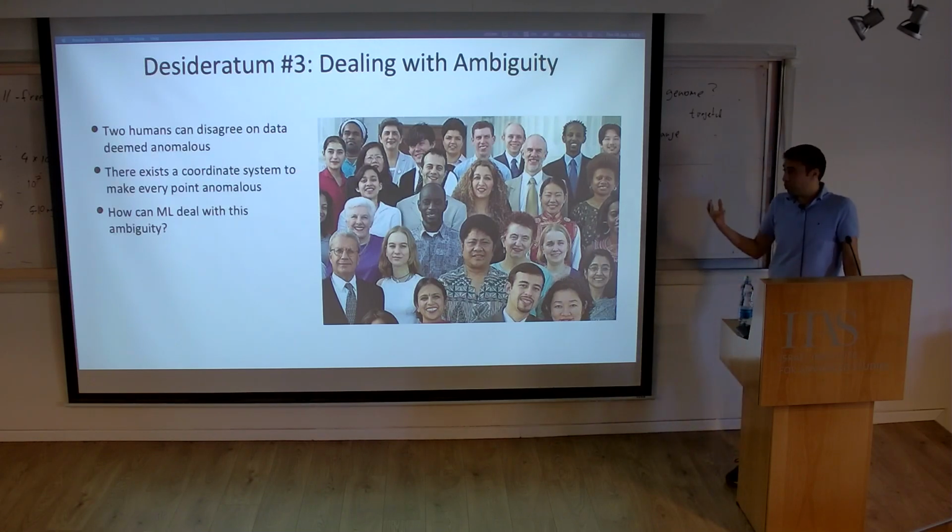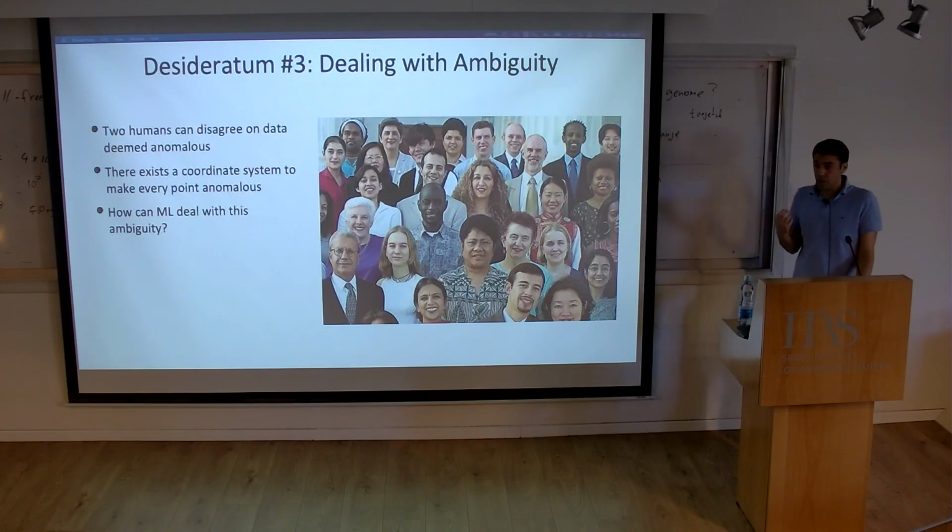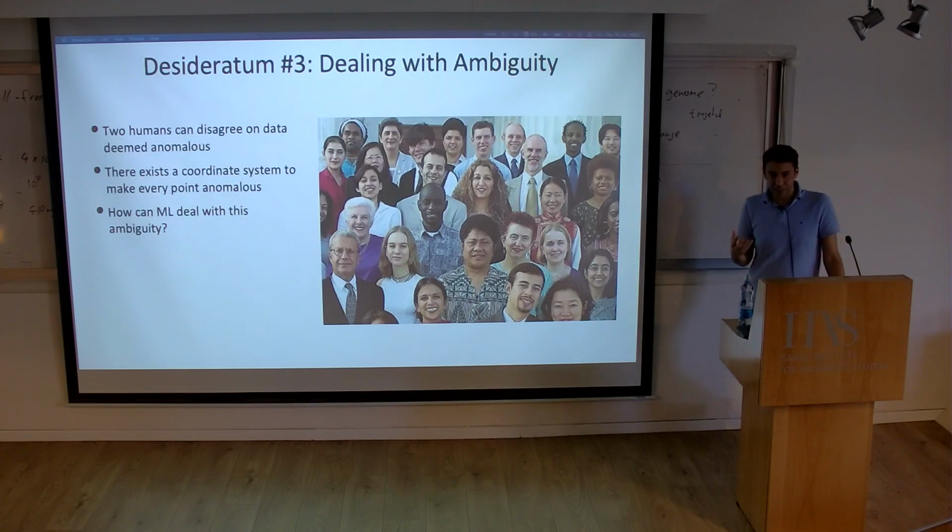So if we ask the computer which one of these people would be anomalous, it might come up with some specific answer, but it is probably quite unlikely to be the one that the operator had in mind. And this is because it really depends on what attributes we consider to be the important ones. And so the question is, how can we indicate to the computer which attributes we consider as the most important?